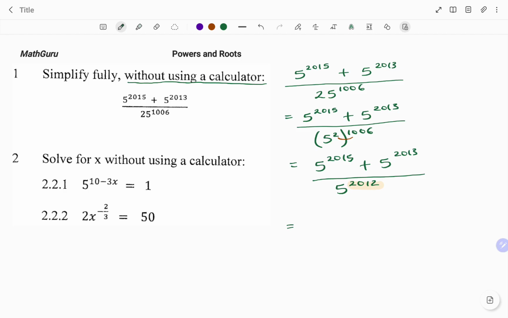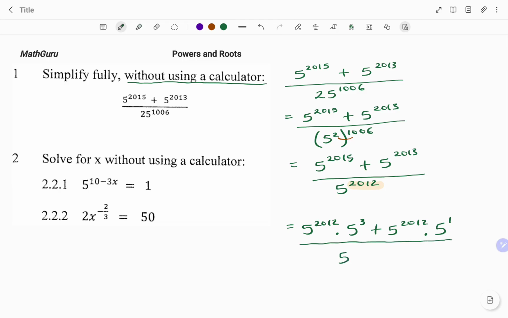So applying the laws of exponents again, I have that as 5 to the power of 2012 times 5 to the power of 3 to make 2015, because if they have the same base, then you add the powers. Then I have plus 5 to the power of 2012, which is a common term, times 5 to the power of 1, because if I add that, it will give me 2013.